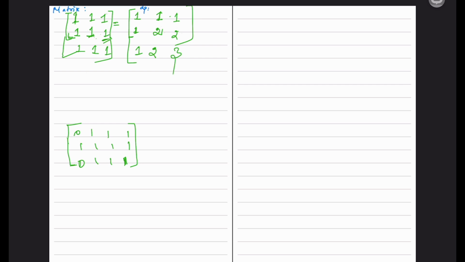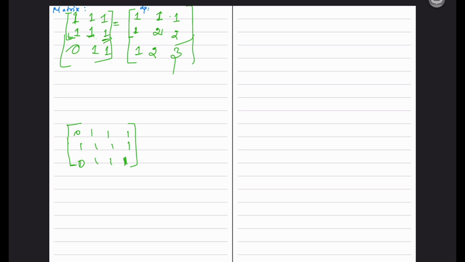So here why it is getting 3 means it contributes to 3 square submatrix, it contributes to 2 square submatrix, it contributes to 1 square submatrix. So by any chance, let's assume here it was 0.